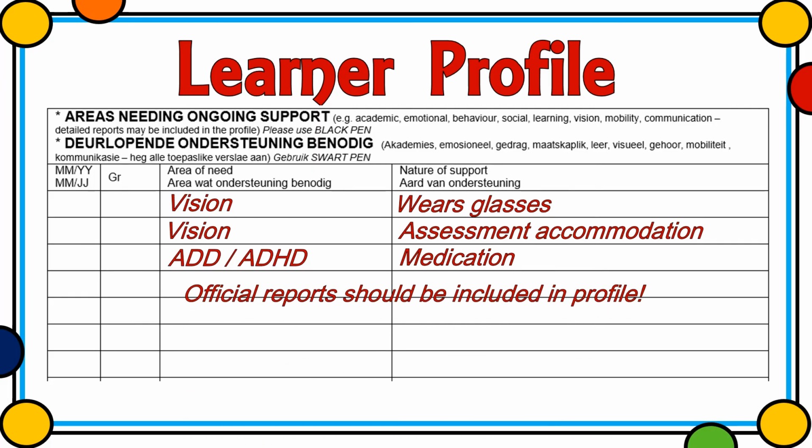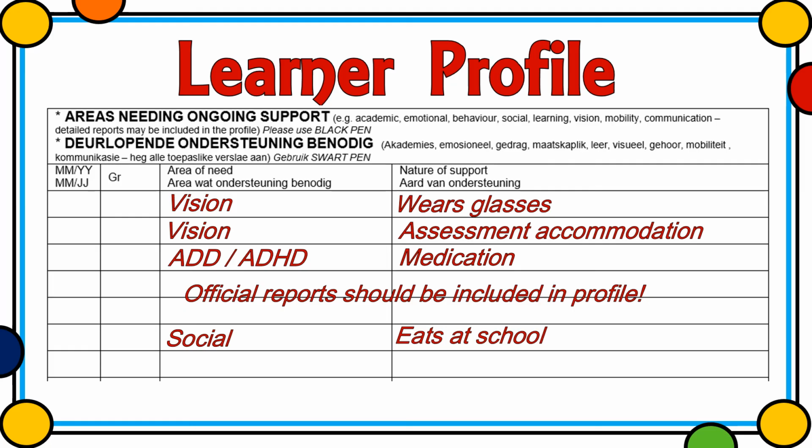Official reports should be included to indicate that it has been decided by an optometrist or a psychiatrist that these interventions are needed. Social needs. For instance, the child should eat at school.